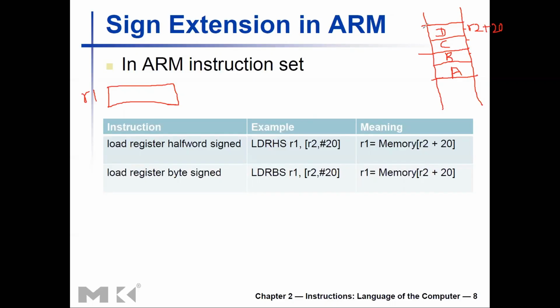So it will take these 2 bytes and place them in the R1 register. So it's going to be CD, and the important part here is that when you are placing this using this instruction, it's going to extend the sign as well.